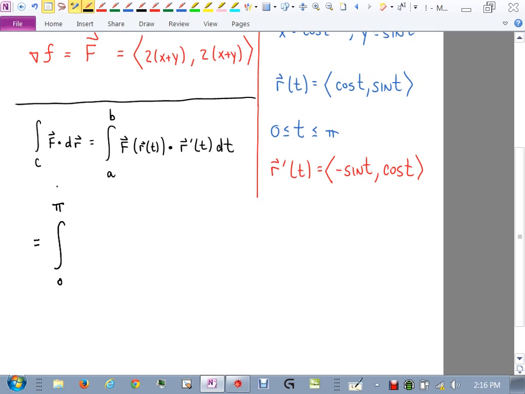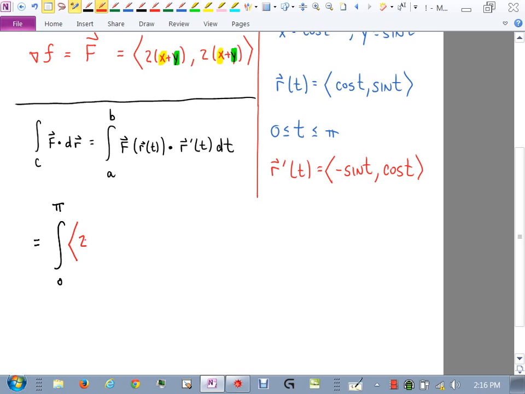What is my F when I replace my x's with cosine t, and I replace my y's with sine t? I'm grabbing the x component and the y component of r and plugging them into the vector field. Is this still a vector? F is a vector, isn't it? So we have a vector.